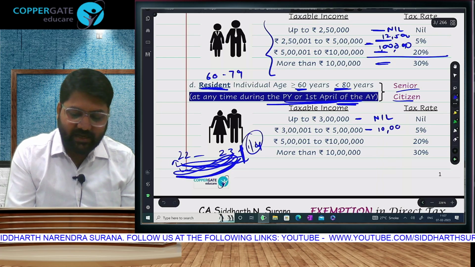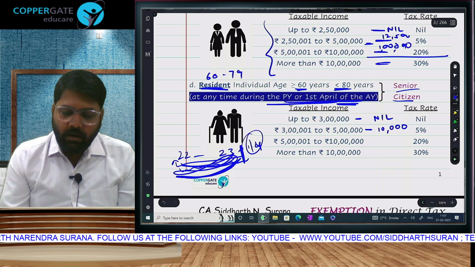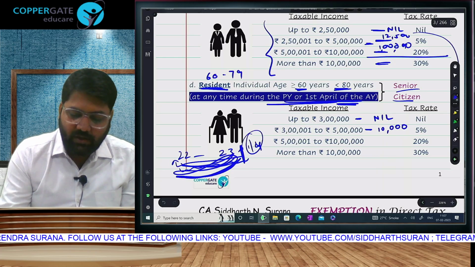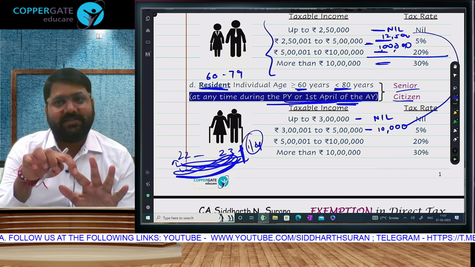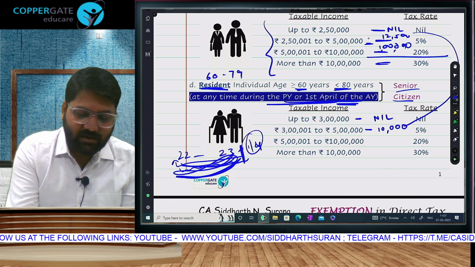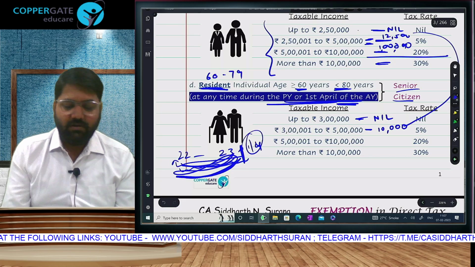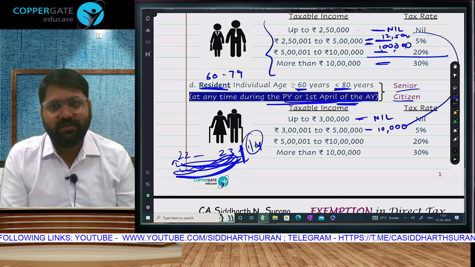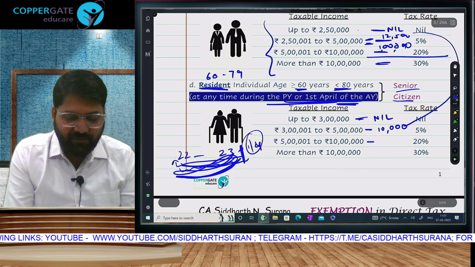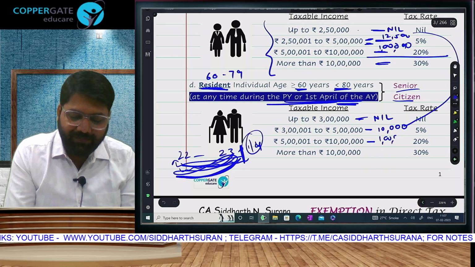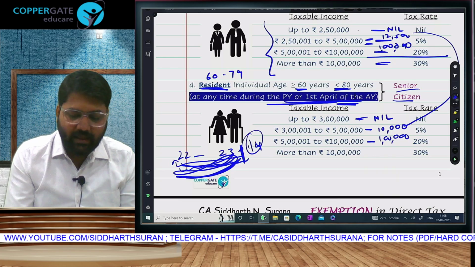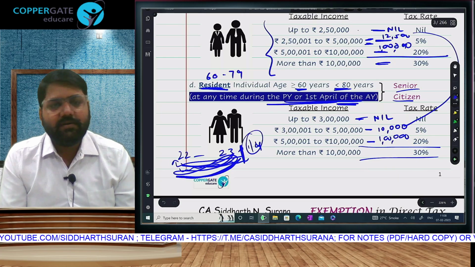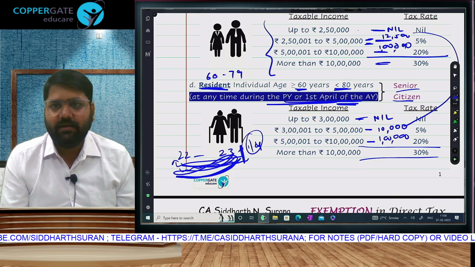Accordingly, the tax that you will get here is only 10,000 rupees, and that's the only difference between this tax and this tax. 50,000 ka 5%, if you check, 50,000 here comes in 5, but here goes in 0, and that's the only difference, 2,500 rupees, because after that 5 lakh to 10 lakh, this is going to be 1 lakh, because taxable at 20%, 5 lakh into 20, 1 lakh, and anything in excess over 10 lakh obviously is going to be taxable at 30%.